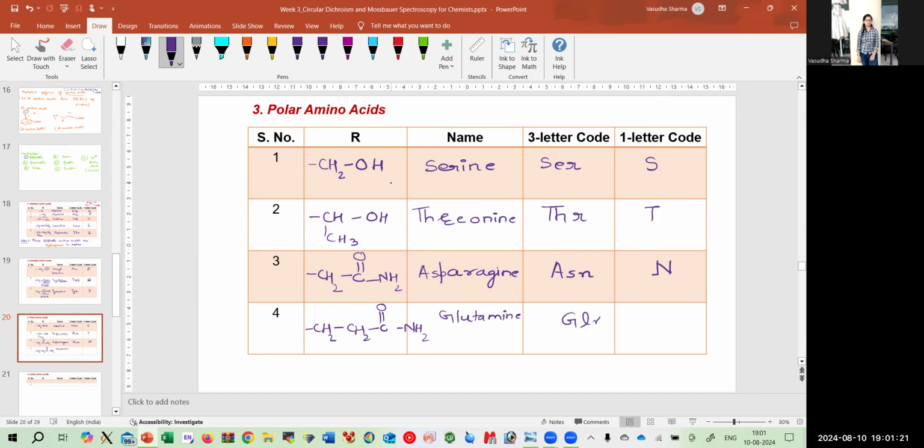So this is GLN and the code is Q. These groups induce polarity in the system as they have polar groups like OH and NH2. So this is our third type.